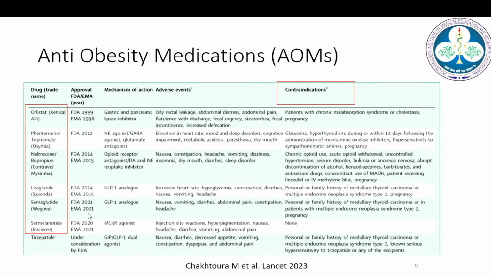And one drug is in the pipeline, tirzepatide, which is a GIP and GLP agonist. Now you look at the contraindications here. Liver disease doesn't figure in as a contraindication. So cirrhosis is not a contraindication for use of these drugs. The problem is we don't have any data about the usage of these drugs in patients with cirrhosis. So that is the problem.